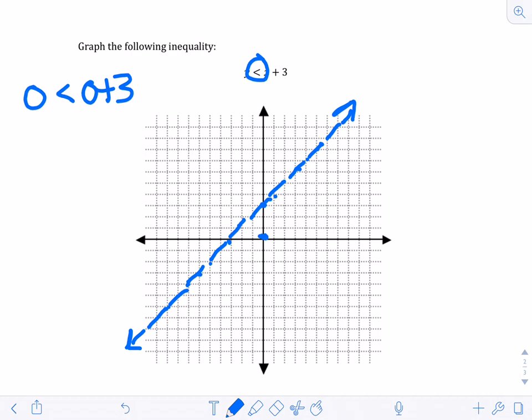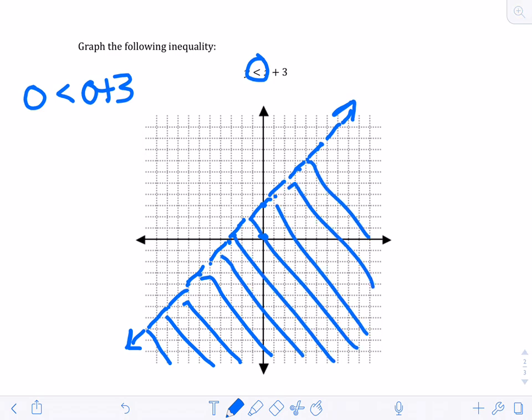However, if it is given in slope-intercept form, and this is only if it is given in slope-intercept form, you can see that it's less than, so you're going to want to shade below the line. So we shade all this area down here. Now if you don't want to remember that and you always want to check a point, that will 100% always work. But if you want a little shortcut that may work sometimes, if you know when to apply it, it'll help you out.